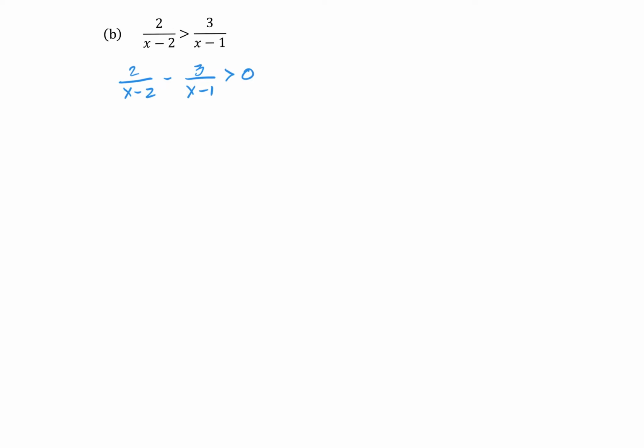And the denominator that we're going to use is going to be x minus 2, x minus 1. So I need to multiply that first expression by x minus 1 over x minus 1. The second, I'm going to have to multiply by x minus 2 over x minus 2.